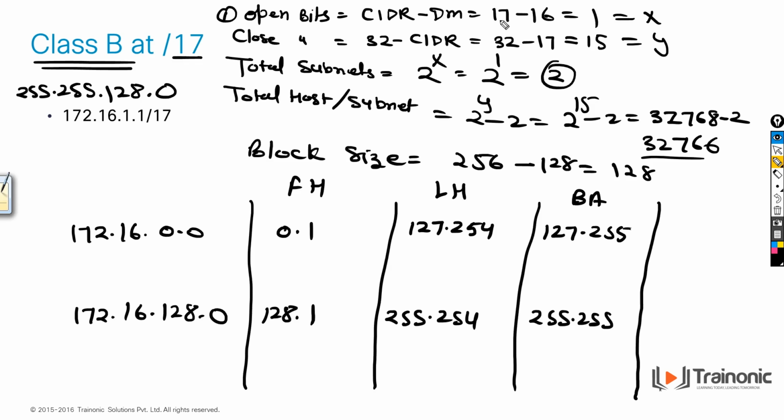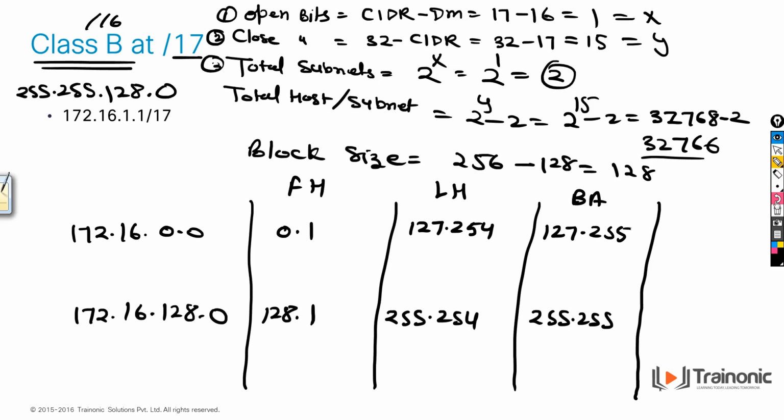This is the CIDR value 17 minus the class B default mask slash 16, which is 1. We will represent it as X. Then we will get the close bits. The close bits formula is 32 minus CIDR. 32 minus 17 is equal to 15. This is the Y value.